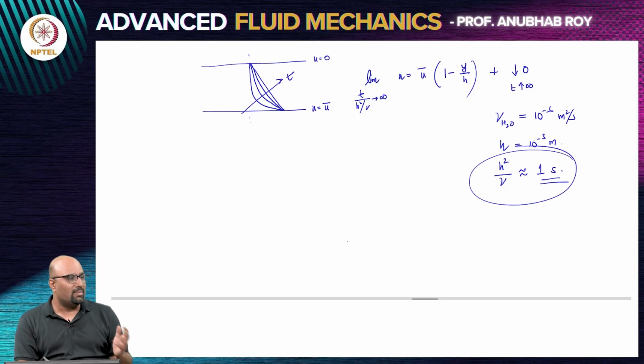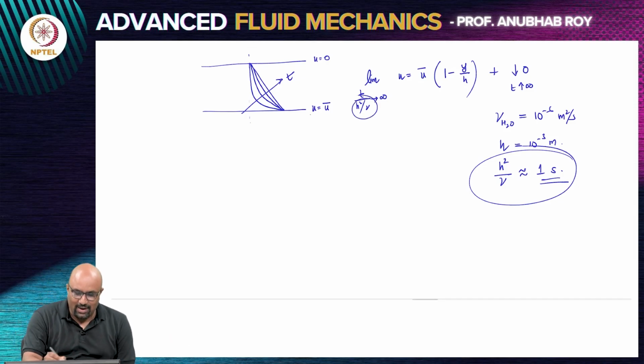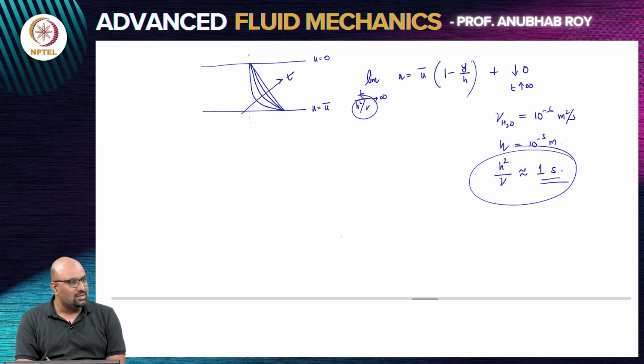Usually you will do some unsteady simulations and then ask: do I wait in terms of dimensional time units a few seconds, a few minutes, a few hours? The answer lies here: you need to wait for time intervals which are larger than the characteristic time h square by nu. And this is applicable for a large variety of problems.